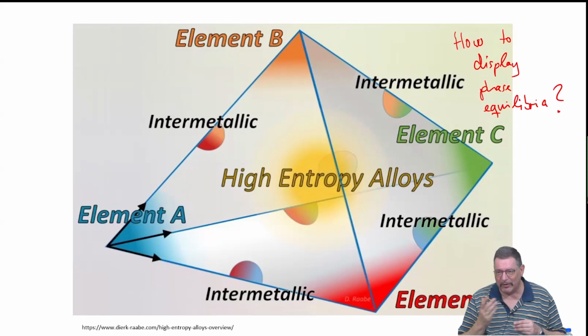So we have to think of, and this we do down the road, how to really design concepts to show phase equilibria with multiple constituents and maybe also more than one phase present at certain temperatures, compositions, maybe even pressures.